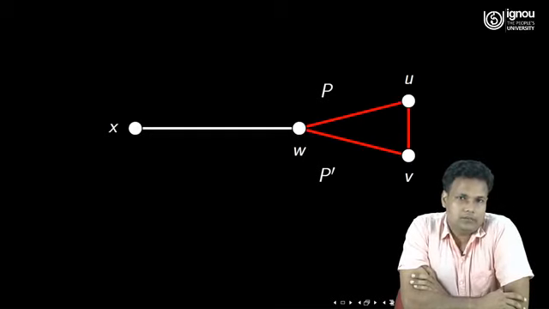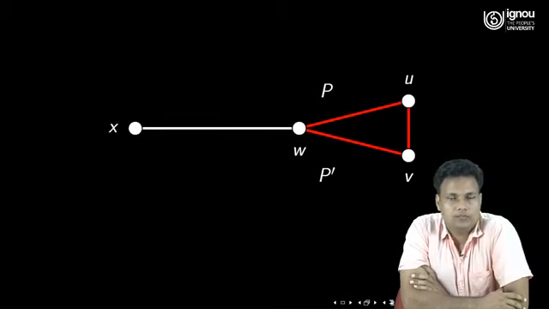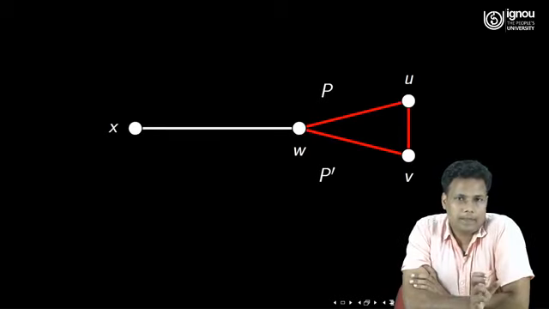Now, if you remove the portion of these paths from x to w, then what we get are subpaths of P and P', which are shown in red, and both these subpaths would have either odd length or even length, because we have subtracted the same length from both.